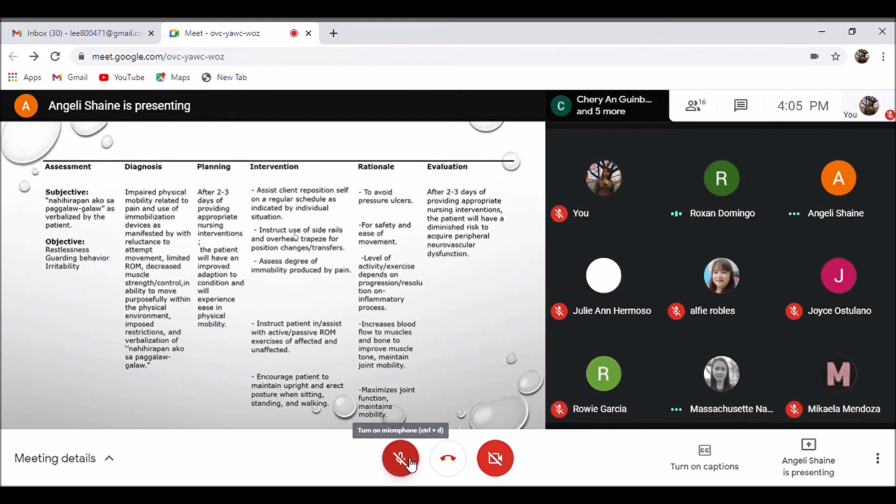Under subjective, nahihirapan ako sa paggalaw-galaw as verbalized by the patient.